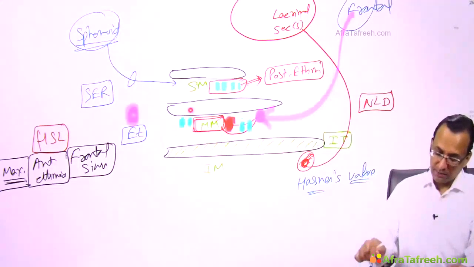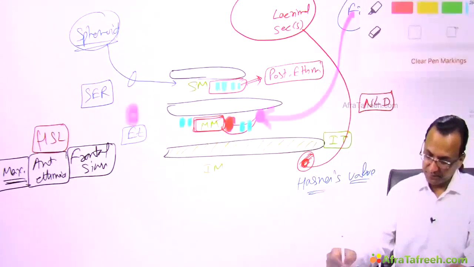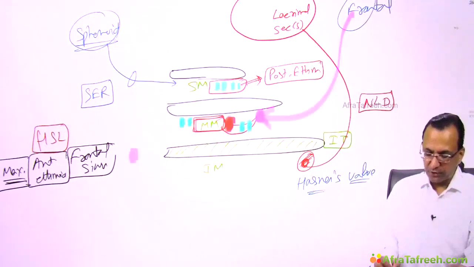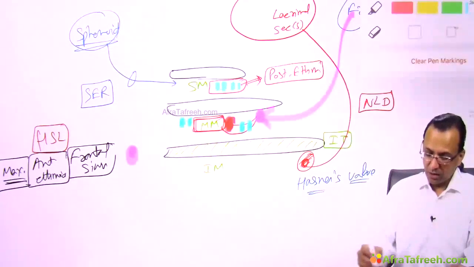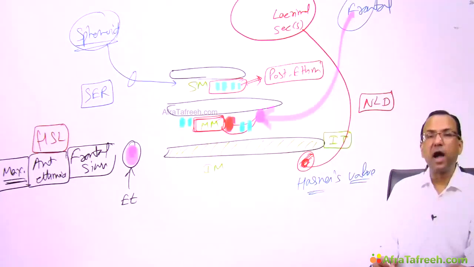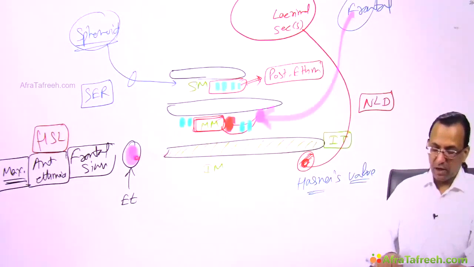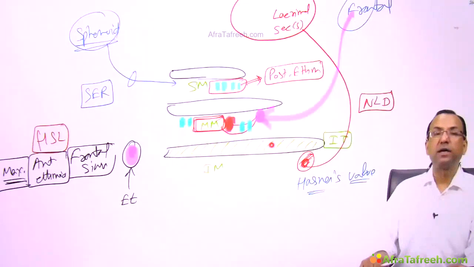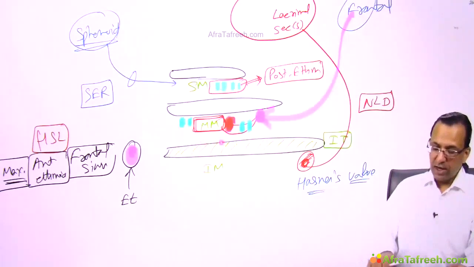The inferior turbinate is in the nasal cavity, and the opening of the eustachian tube is in the nasopharynx, behind the inferior turbinate.